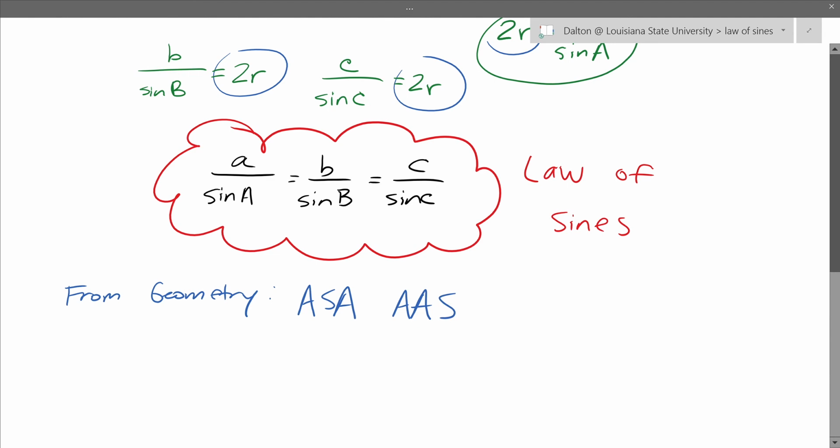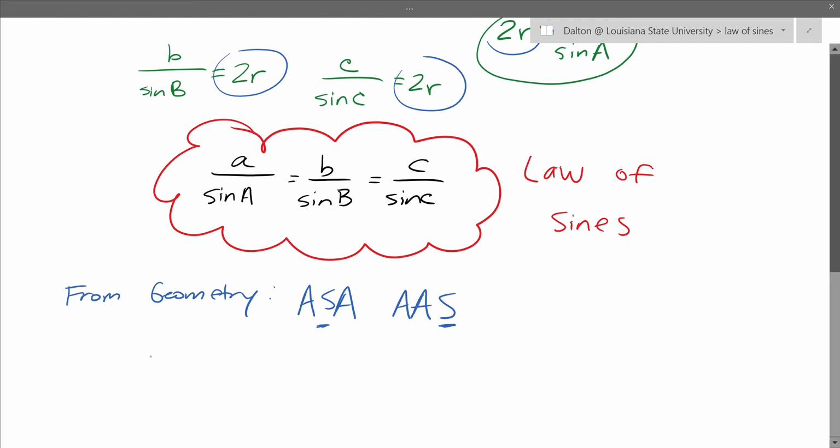These were called congruence postulates. It's just saying if you have two angles and the included side of a triangle and they're congruent to the two angles and included side of another triangle, that implies that the triangles are congruent to each other. Same thing if you have two angles but a non-included side is congruent to that of another triangle, then that means the triangles are congruent.